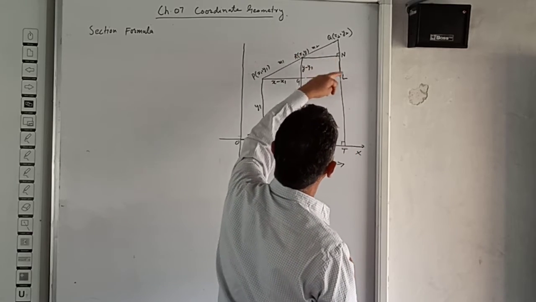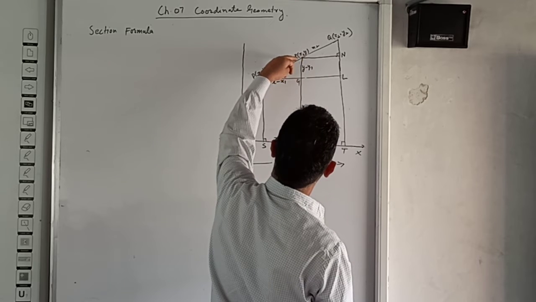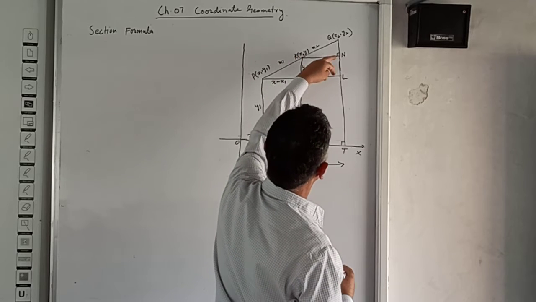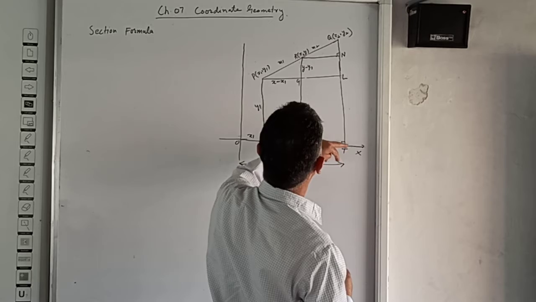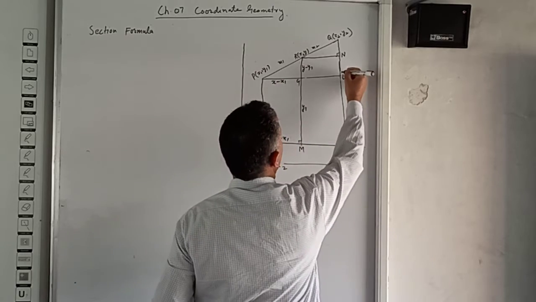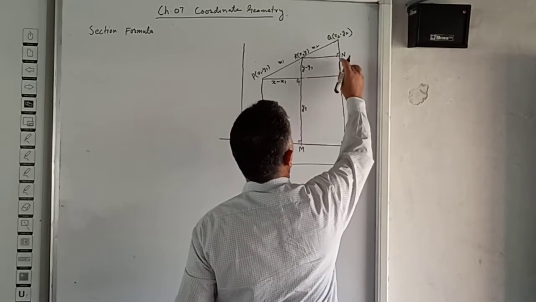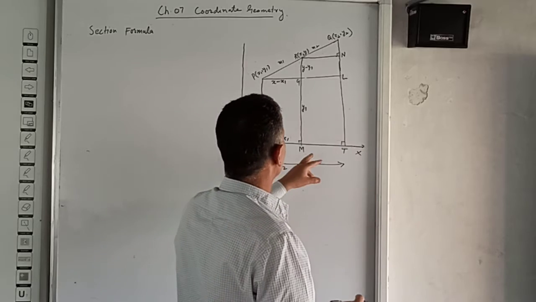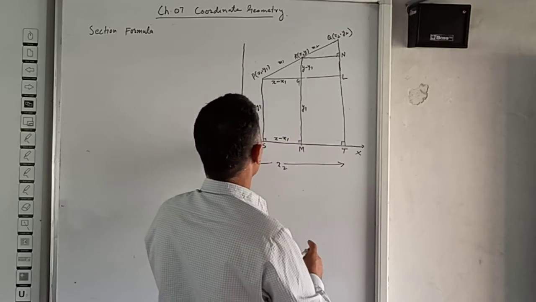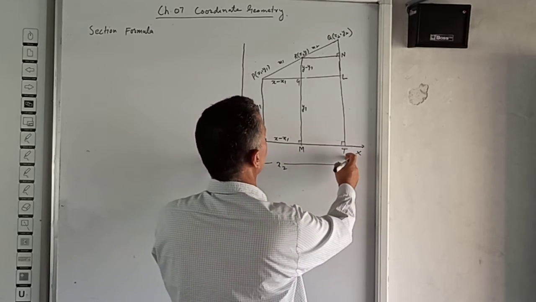From this, because R to M is y, this NT is y. This angle is y minus y1, which we have already found. So we will find this distance, and OT is y2. What is OM? It is y.